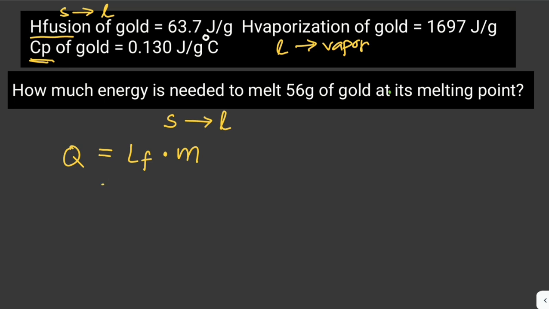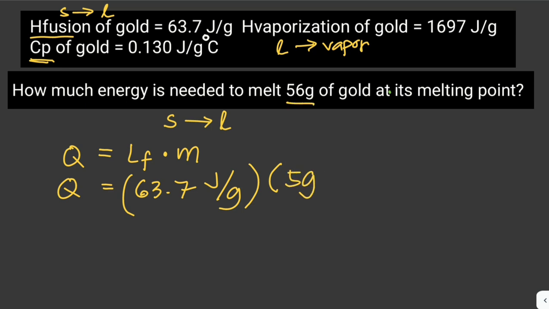So we just plug in everything. The heat of fusion is 63.7 joules per gram, then times the mass, which is 56 grams. Then the grams cancel out.